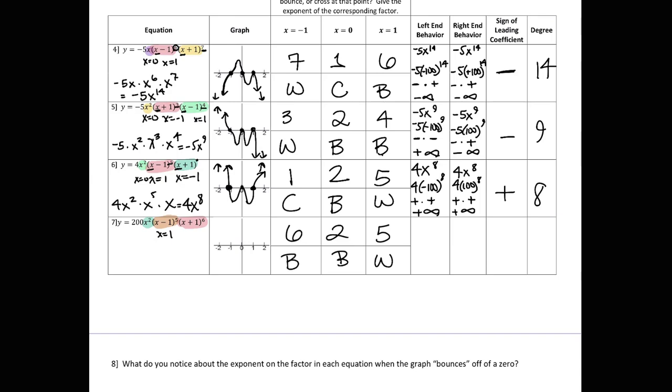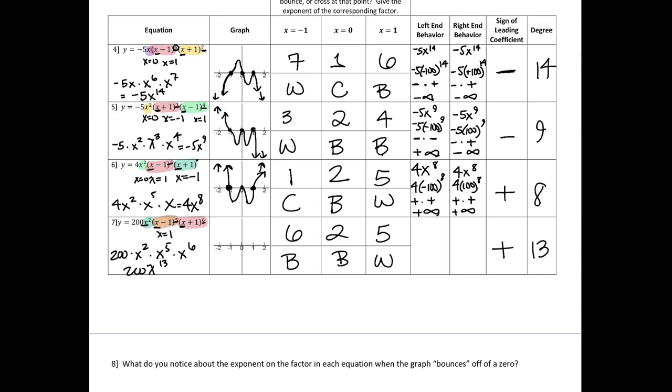Okay, and then let's do our leading term. We have 200 times x squared times x to the 5th times x to the 6th. So that gives me x to the 13th. Okay, so we have degree 13. Sign of the leading coefficient is positive.